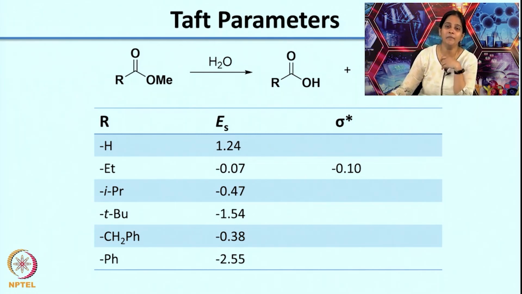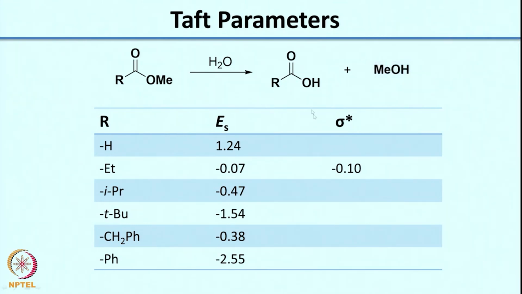Now the electronic parameters, so this would be similar to the Hammett trend when you have hydrogen. If you have hydrogen here instead of methyl, methyl is more releasing, so hydrogen is better because it increases the electrophilicity of your starting material.